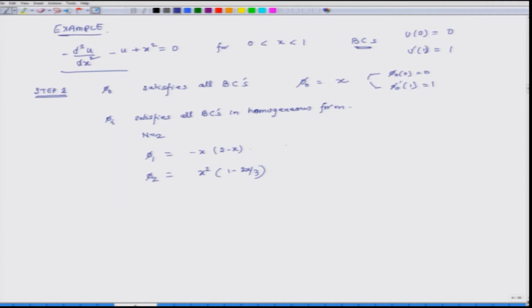So this satisfies both the boundary conditions in homogeneous form, this is very important, and the same thing is true for phi 2 also. The functions phi 1, phi 2, and so on have to satisfy the homogeneous form of the boundary conditions. So this is important.